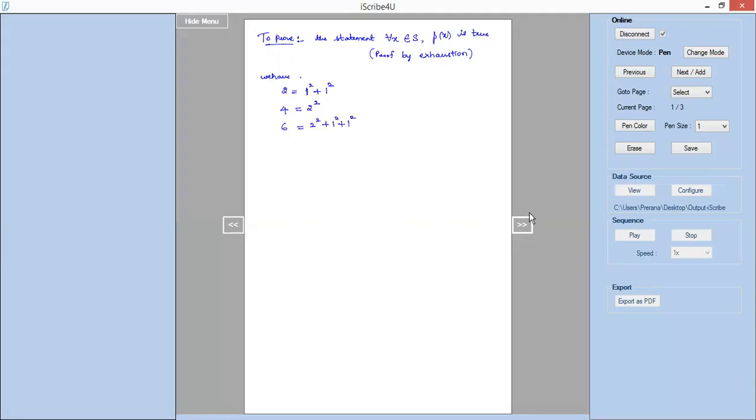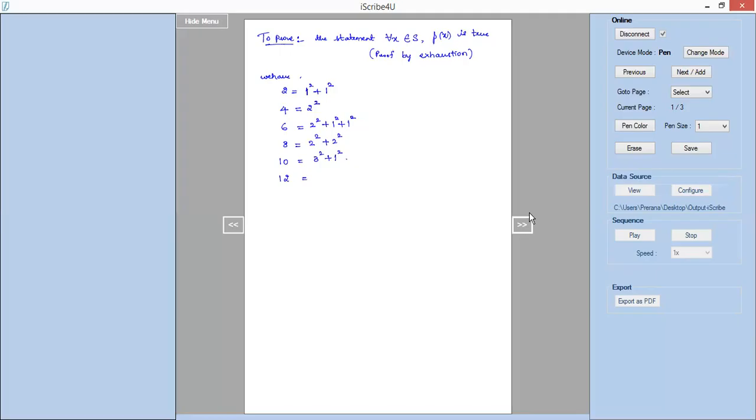So we saw it is expressed as a sum of 3 perfect squares. Then 8. 8 can be written as 2 square plus 2 square. Then we have 10. 10 can be written as 3 square plus 1 square, 9 plus 1.